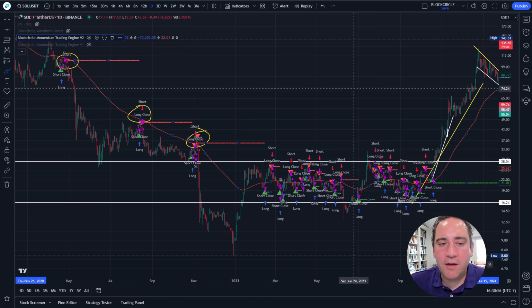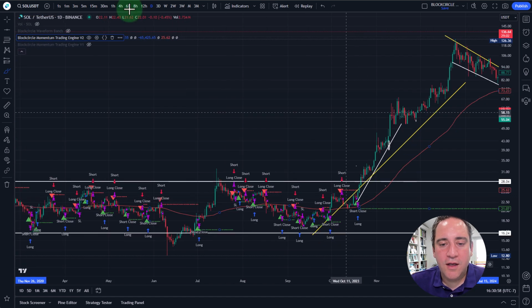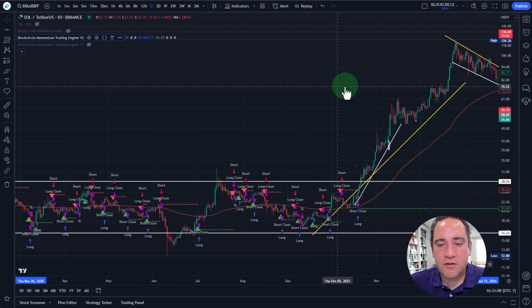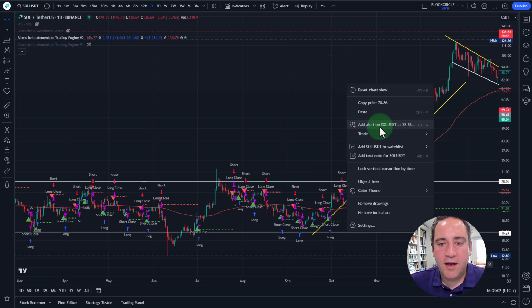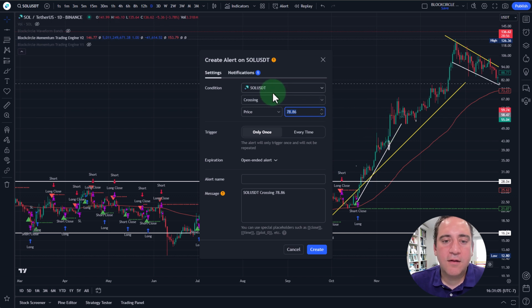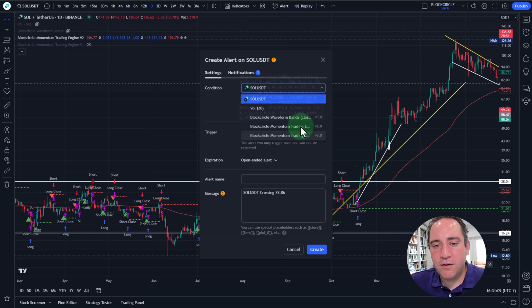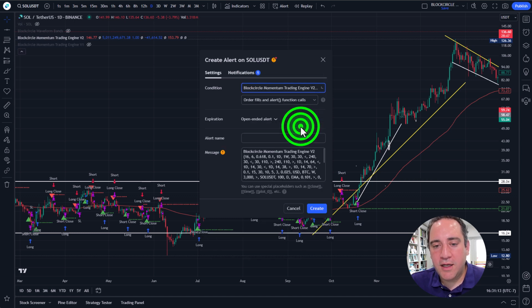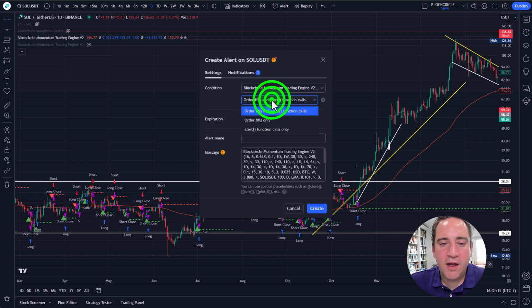But how you set up an alert in TradingView is you right-click any strategy you're looking for, and you say Add Alert, and you click in the dropdown the Momentum Trading Engine version 1 or version 2. So let's say we're doing it for version 2, and you click it. Then instead of alert function calls only, you can say order fills only.